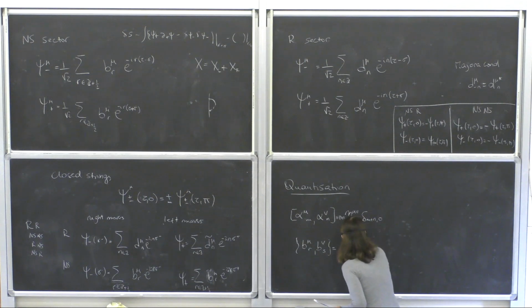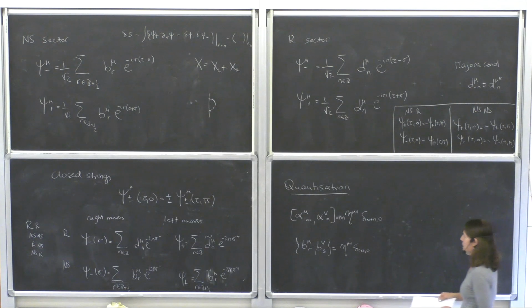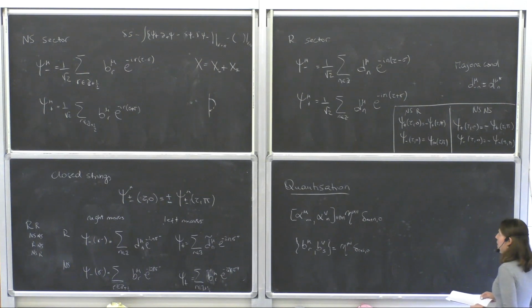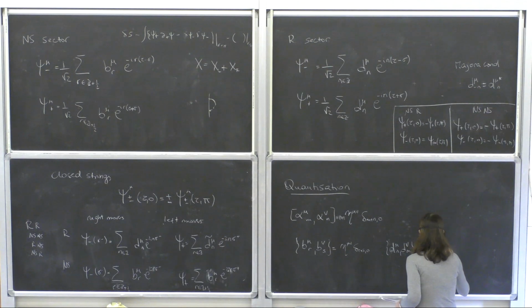So this is just eta mu nu and delta r plus s, 0. So they all anti-commute except the b_r and the b_{-r}. And the same for the d's, d_m^mu, d_n^nu is an eta mu nu and a delta m plus n, 0.